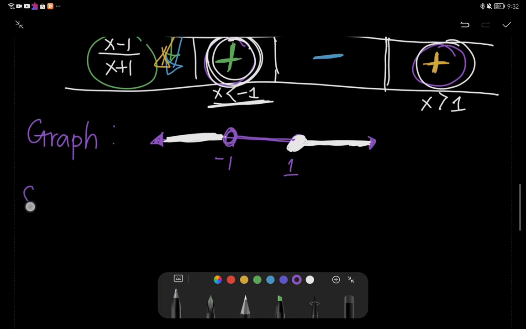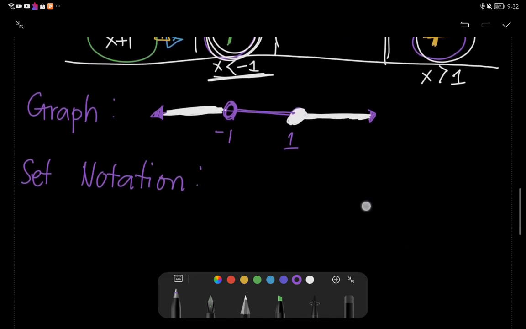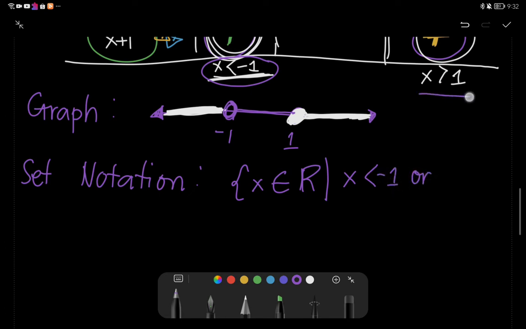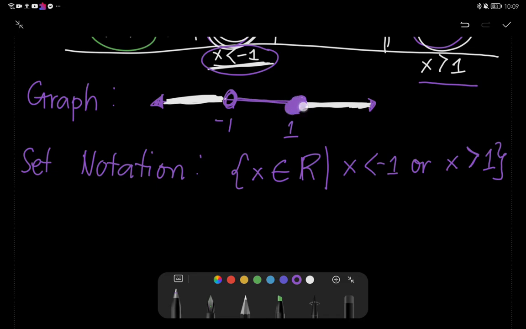So, imuhang set notation. So, your conclusion for this inequality is x is an element of real number such that x is less than -1, or x is greater than 1, pero since shaded man si +1, apil siya sa solution.